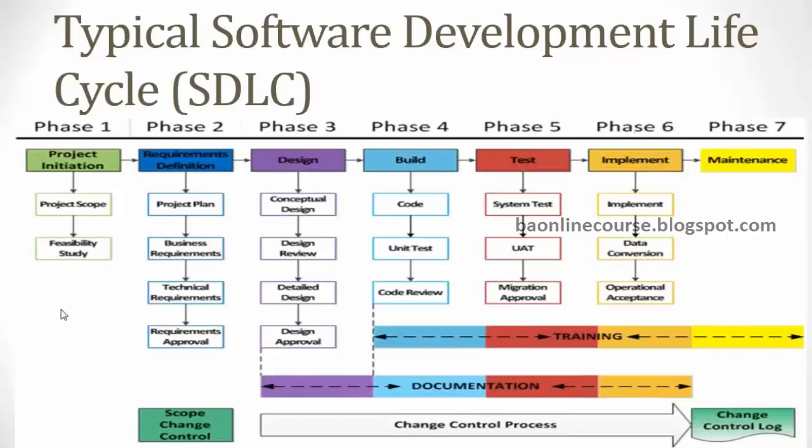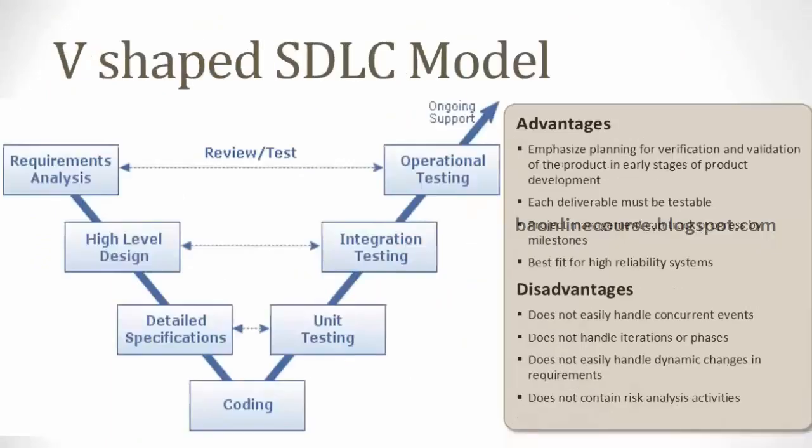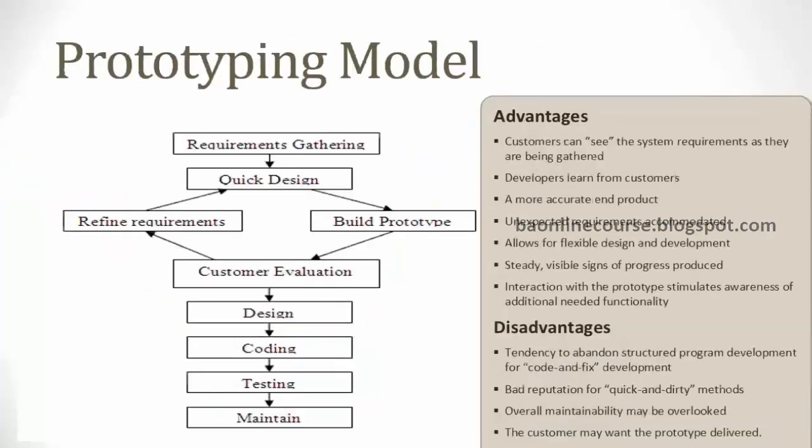Okay. Then we also looked at the various types of SDLC. We looked at waterfall model, which is a simplest model. We looked at the V-shaped model, which requires systems for high reliability. Then we looked at the prototyping model, wherein if there is some ambiguity regarding the requirements, how could you reduce that by creating the prototypes?